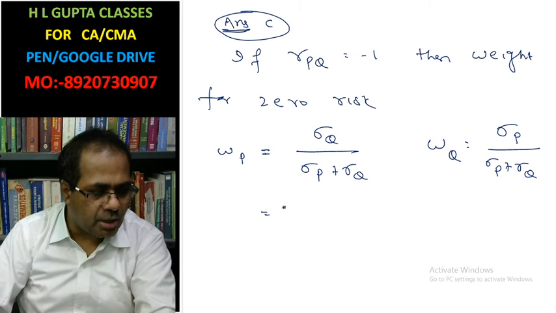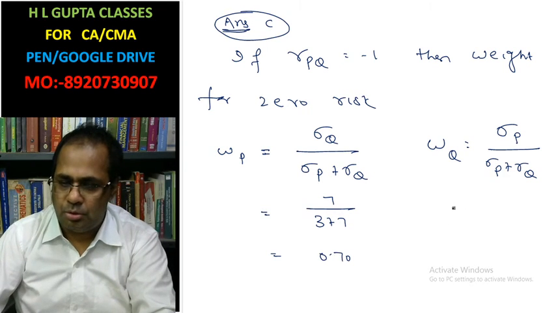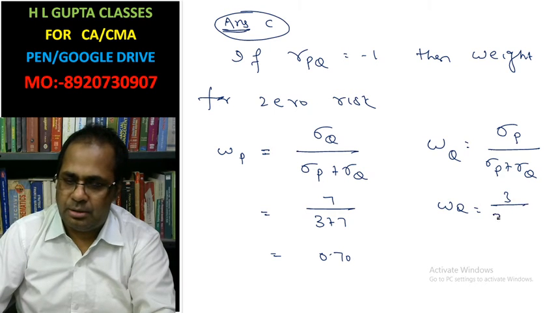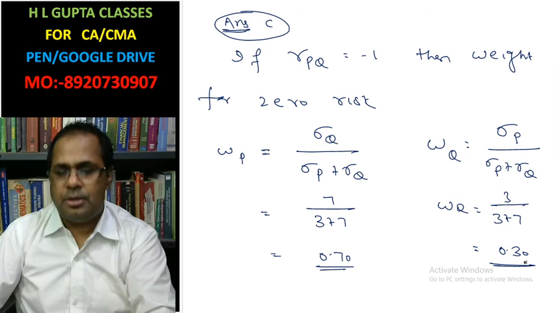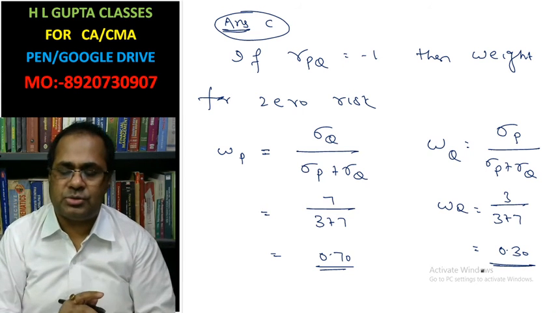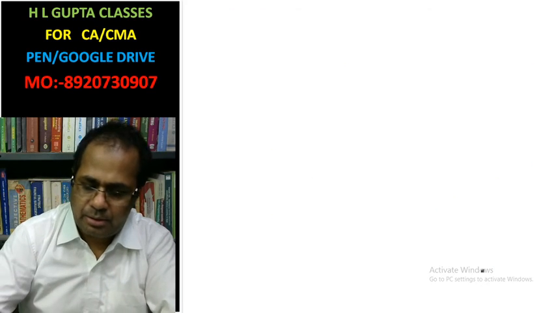It is 7 divided by 3 plus 7, which equals 0.70. Weight of Q is 3 divided by 3 plus 7, which equals 0.30. In this way, the portfolio risk will be 0. This can be calculated.